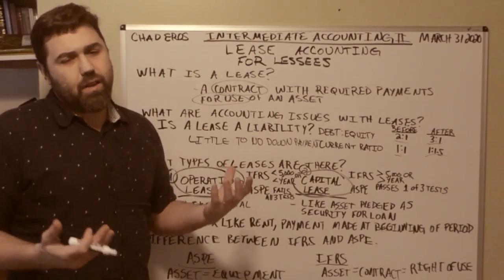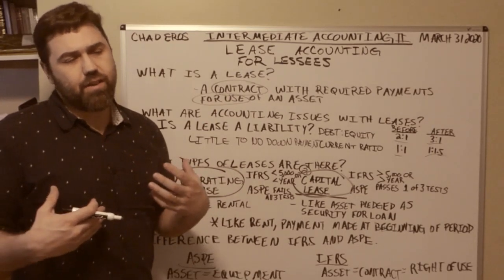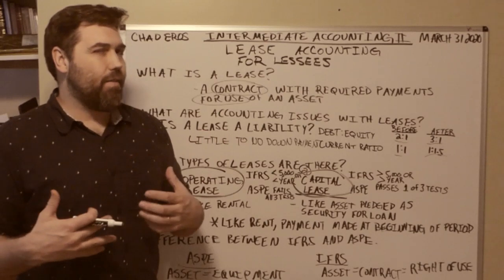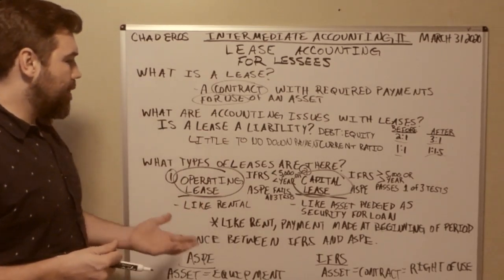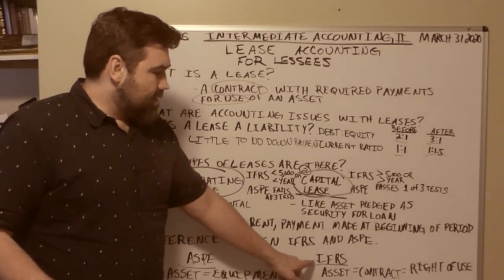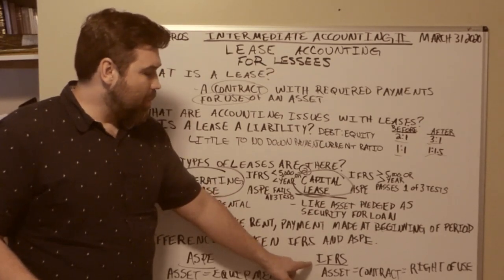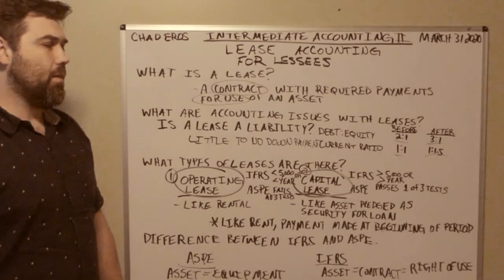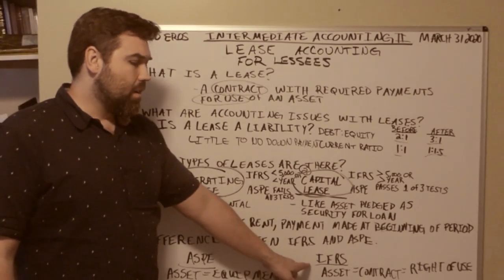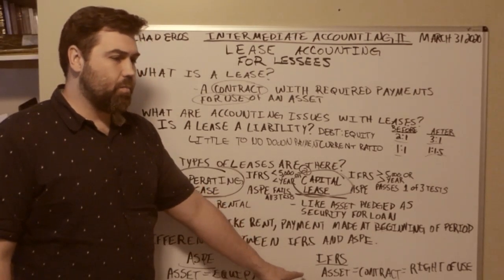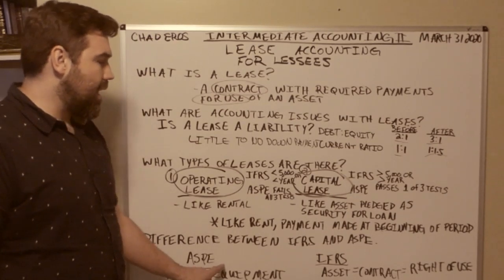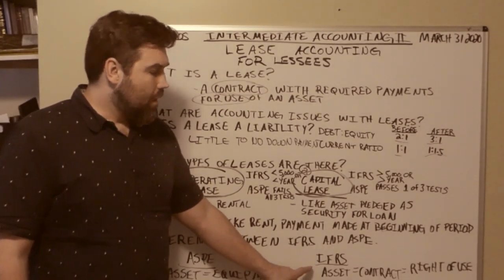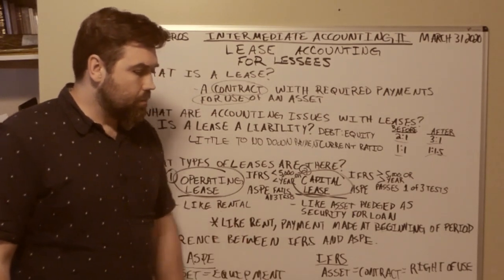Your right to use it. If you have something in your possession but you don't have the right to use it, then you don't really have that, do you? So I think IFRS looked beyond the surface, and IFRS again is supposed to be more based on principles. ASPE is based on accounting principles as well, but IFRS I would say more so.